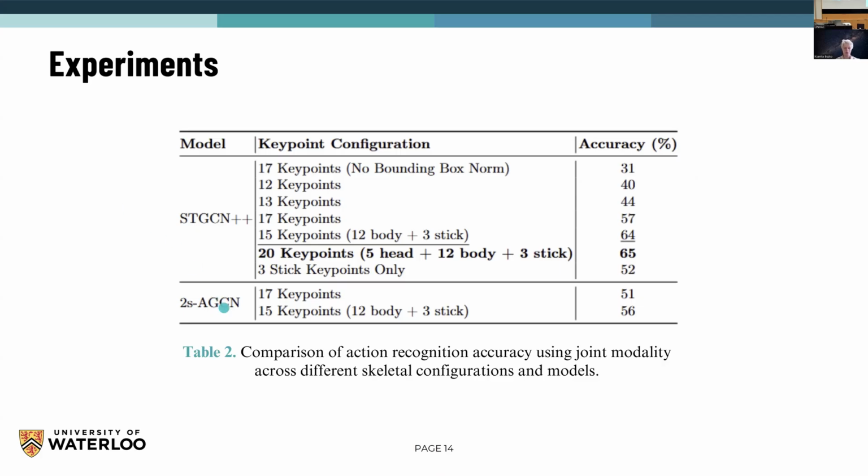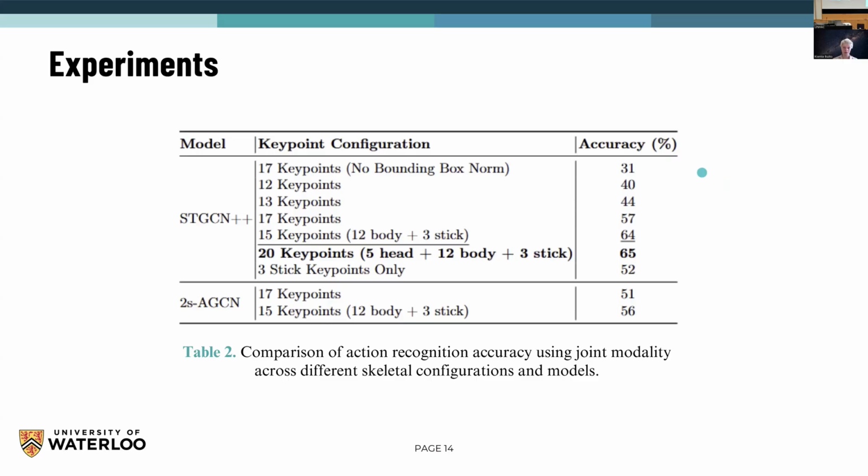For instance, using 15 key points, 12 body and 3 stick, ST-GCN++ achieves 64 percent accuracy, which is a 9% improvement over 2S-AGCN for the same configuration. So this clearly supports our choice of ST-GCN++ as the preferred architecture for this task.